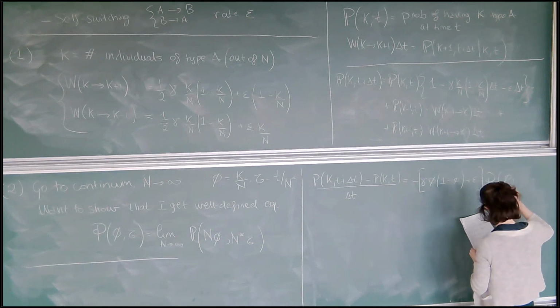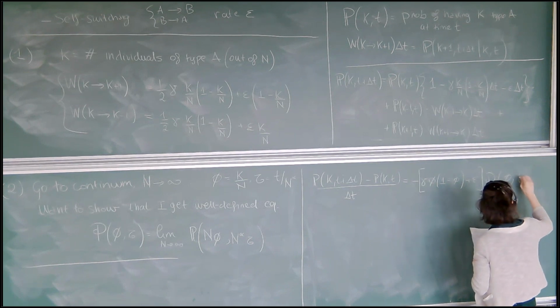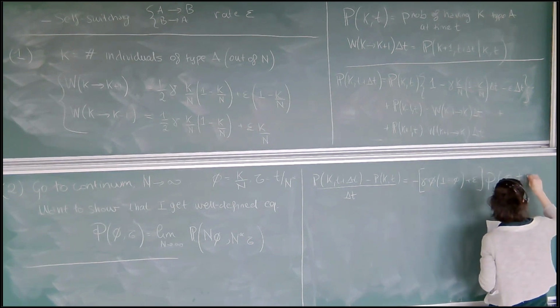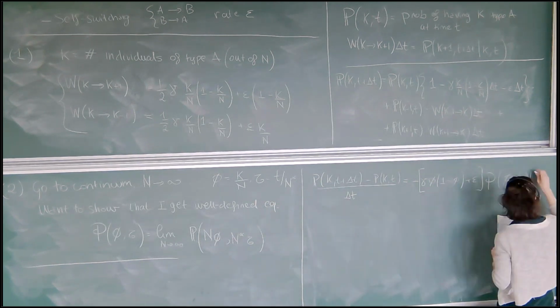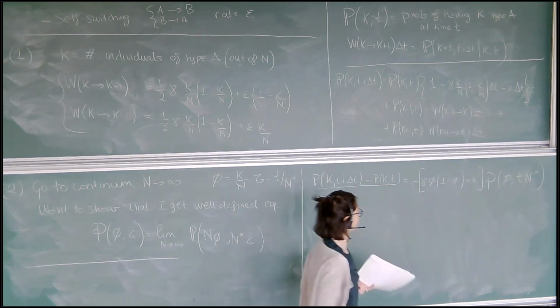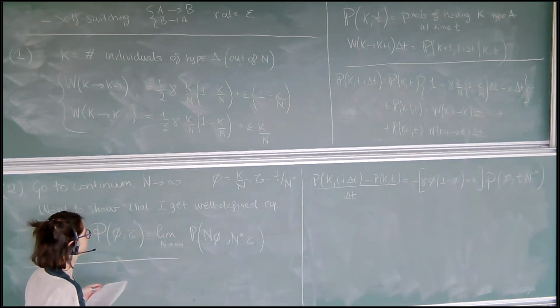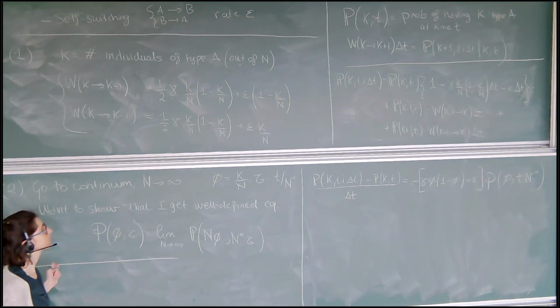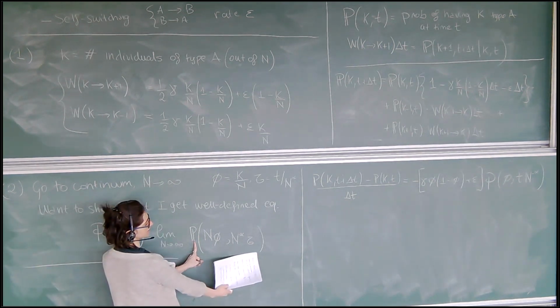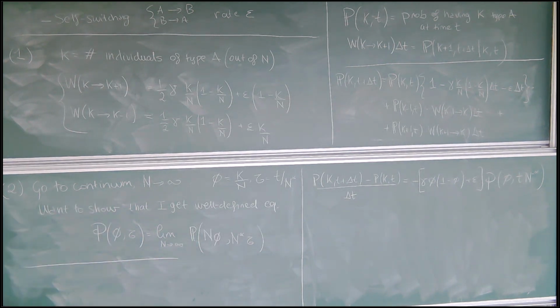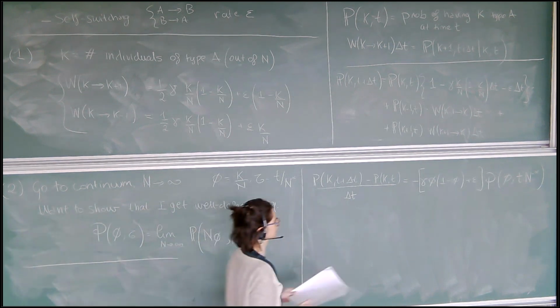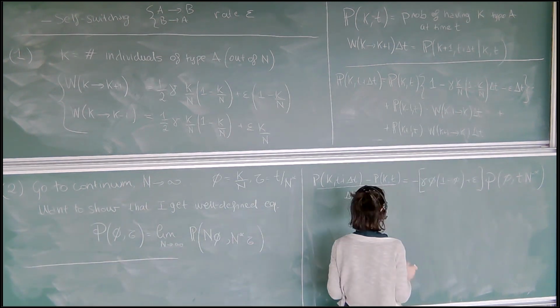So this will be my p of phi and tau in terms of t. Since I still have t on the left hand side, let me keep t. So this will be t n to the minus alpha. So P of k, t is precisely this, and I am assuming that this has a limit when n goes to infinity. So I take the limit on the right hand side and replace it with my limiting function, curly p.